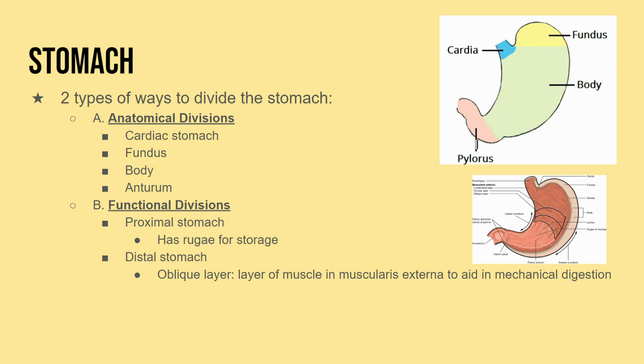And then functional divisions are based on different functions: the proximal stomach and the distal stomach. The proximal stomach has rugae for storage, and the distal stomach has the oblique layer, an extra thick layer of muscle that helps in mechanically digesting and churning the food.